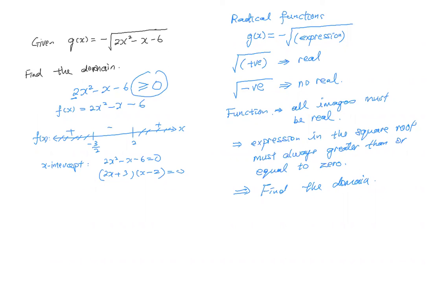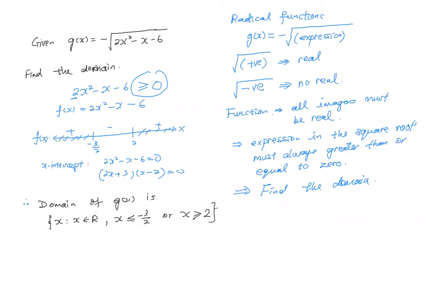Therefore, the domain of g(x) is {x : x is a member of the real numbers, x must be less than or equal to negative 3/2, or x must be greater than or equal to 2}.